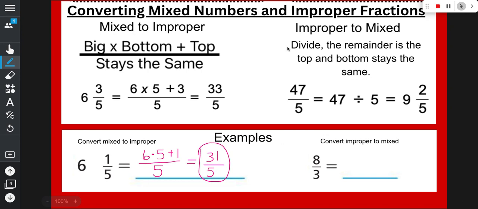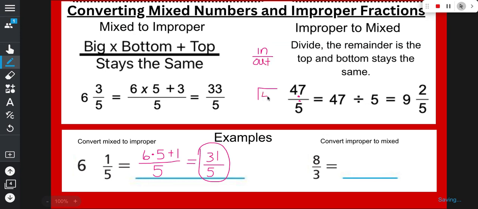Now the next part over here, we're changing improper to mixed. Fractions are division. So if I look at this, it is just a division symbol. I can think of this as a division problem, where your top number is the inside number and your bottom number is the outside number.